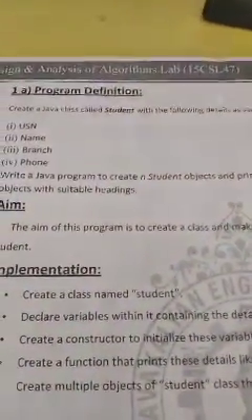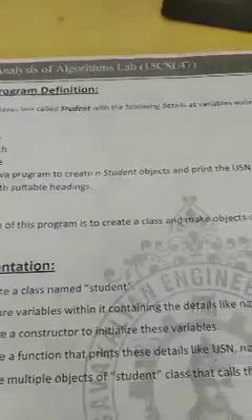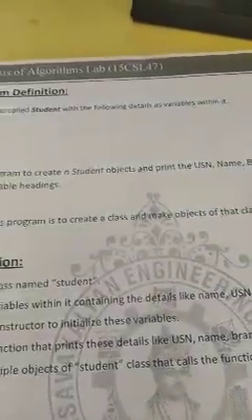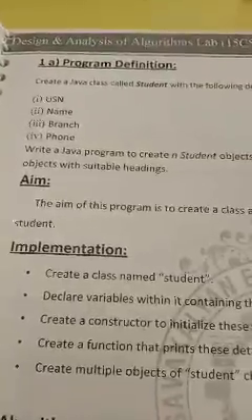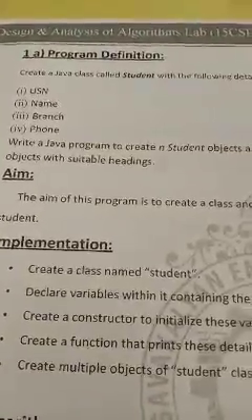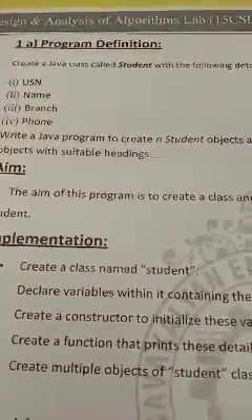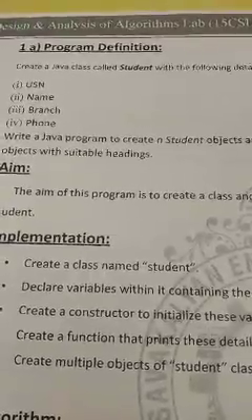Okay, come to the first program. Create a Java class Student with the following details as variables. These are the attributes for executing this program: USN, name, branch and phone.